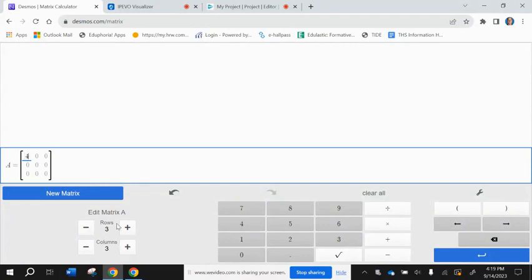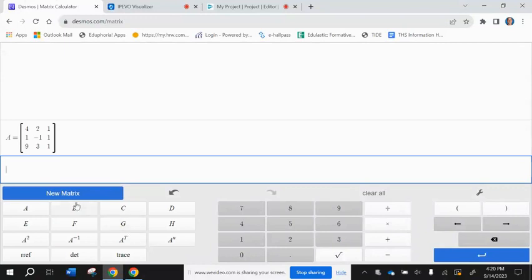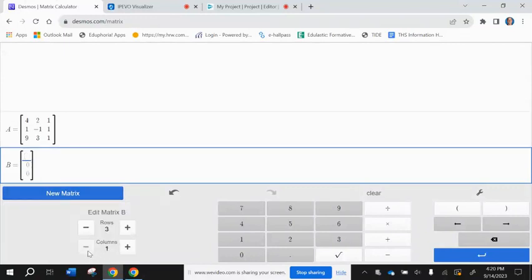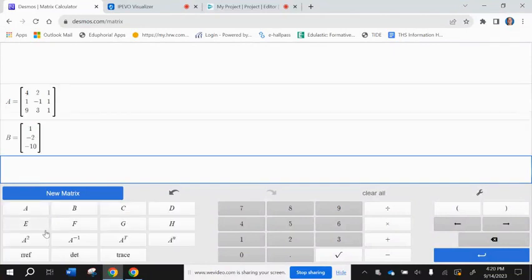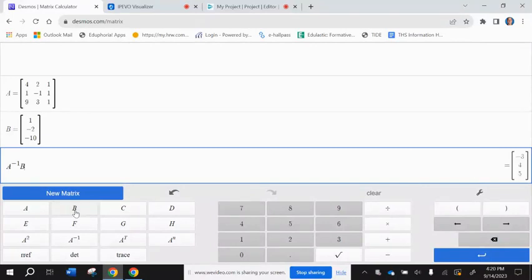So that's 4, 2, 1, 1, negative 1, 1, 9, 3, 1, new matrix, so 3 by 1, and that's 1, negative 2, negative 10, and I'm going to do A inverse B, so my A value equals negative 3, B equals 4, C equals 5.